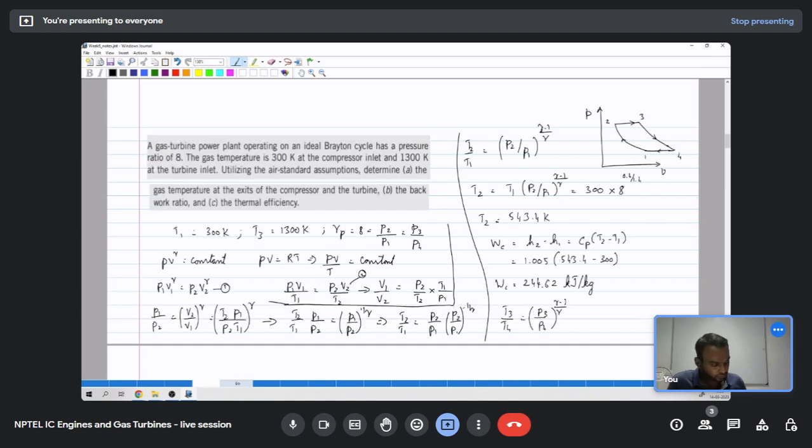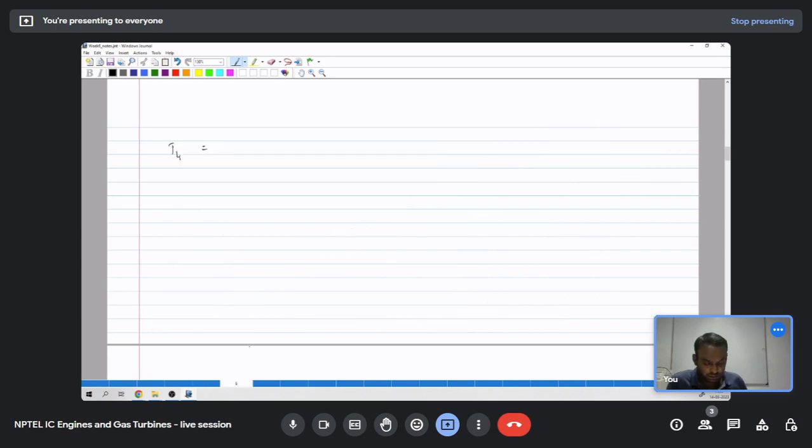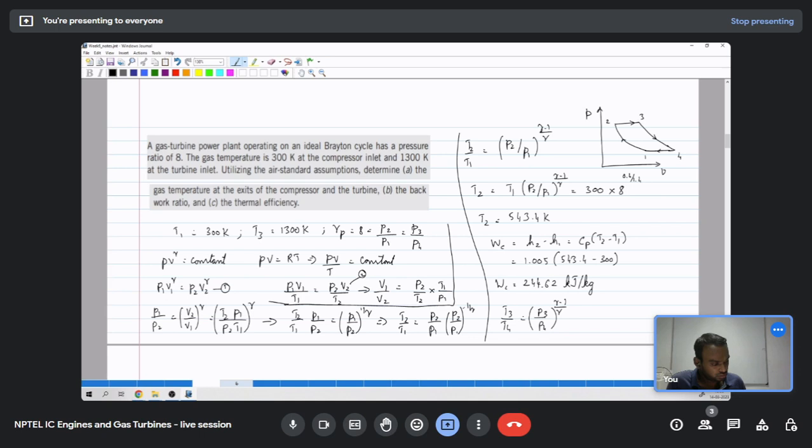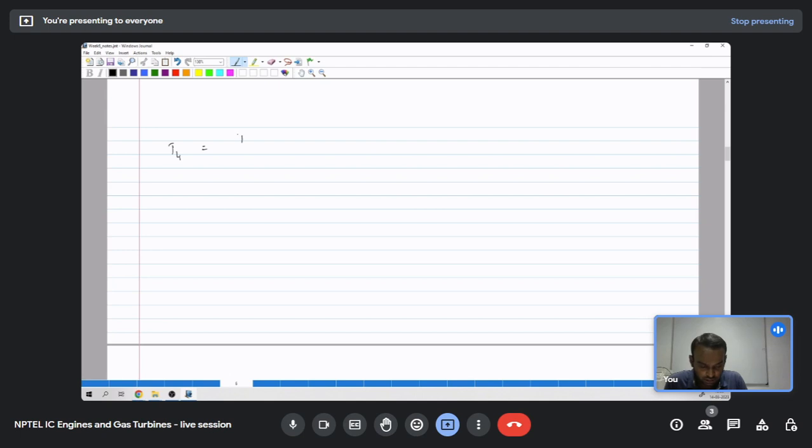That would be T3 divided by P3 by P4 power gamma minus 1 by gamma. So here T3 is 1300 Kelvin and this ratio is the pressure ratio 8, and on the power we have 0.4 by 1.4. If you are also following with me, you can also try to answer this computation.